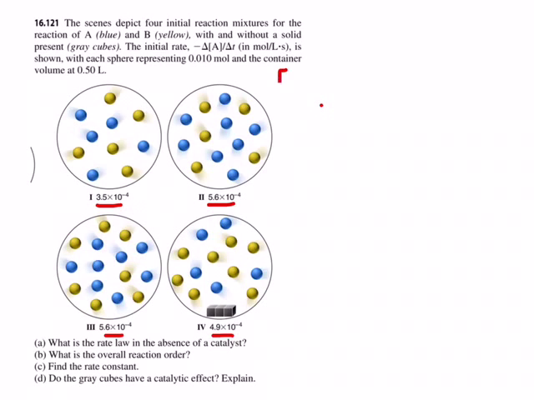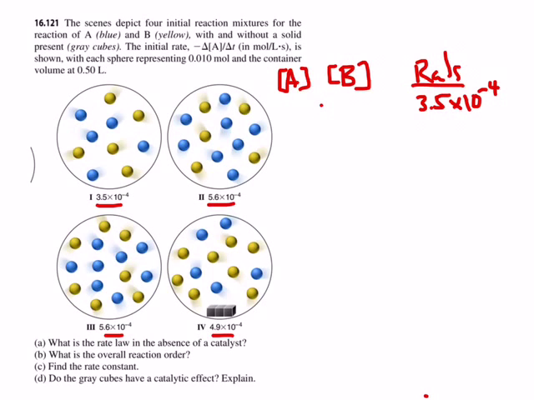So let's just make a little table here: A, B, and rate. So in trial 1 the rate was 3.5 times 10 to the minus 4. The A's in trial 1 went from 5 particles, so 5 times 0.01, it's 0.05, divided by 0.5, so it was 0.1 molarity.